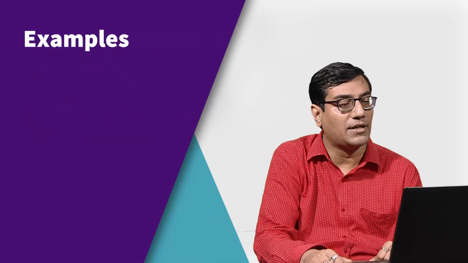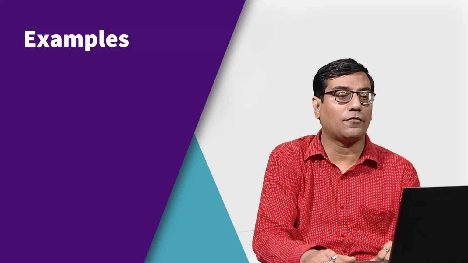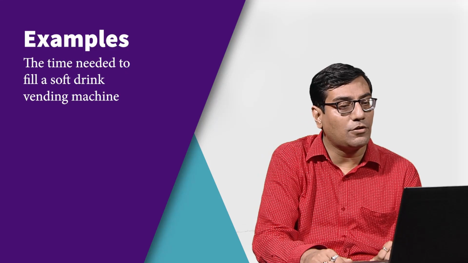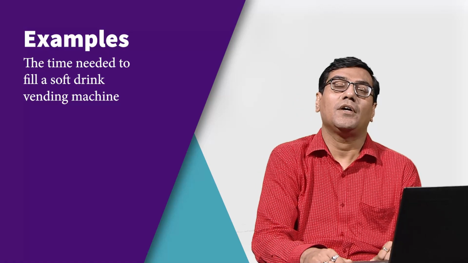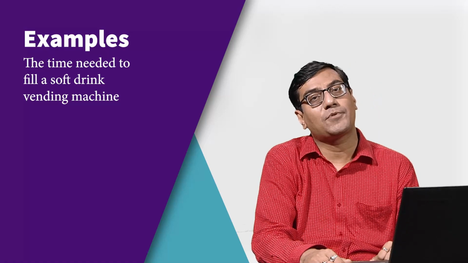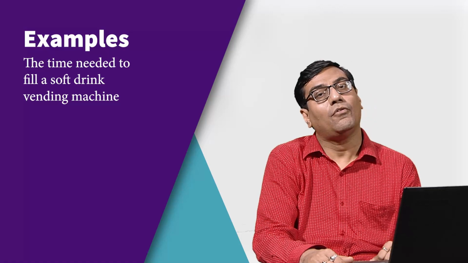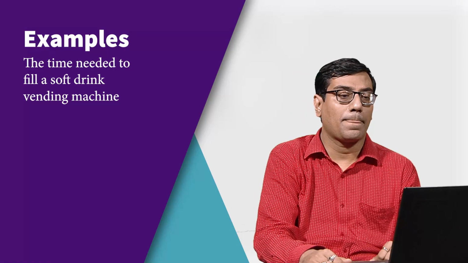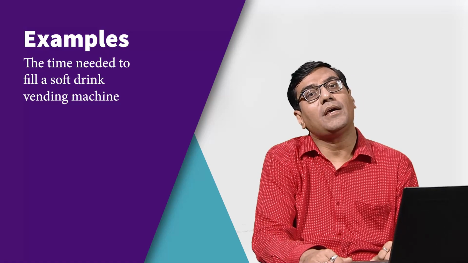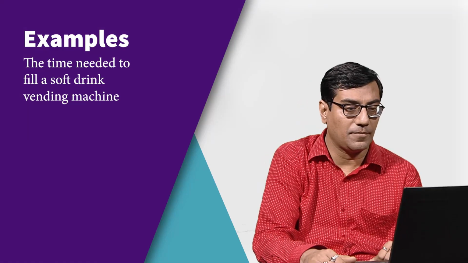because x is influencing y and x can take any value of our choice. So this boils down to some real life examples where we can apply the notion of regression analysis. First of all, the time needed to fill a soft drink vending machine. Here we observe that this time can be captured in terms of hours, which can be considered the independent variable, and the filling up is considered the dependent variable.